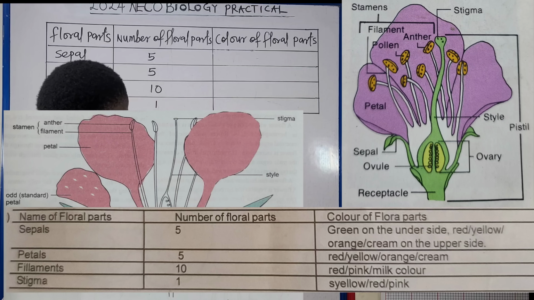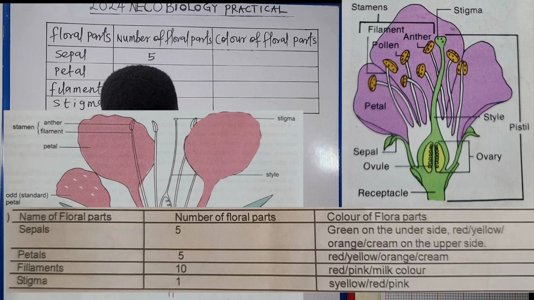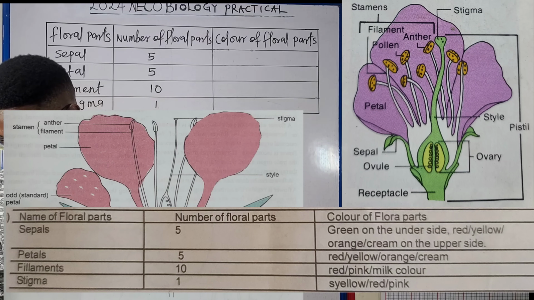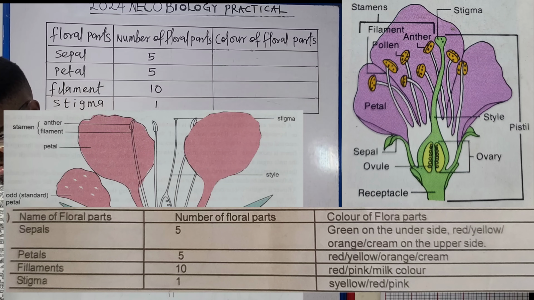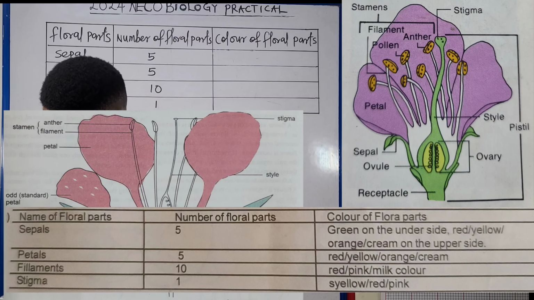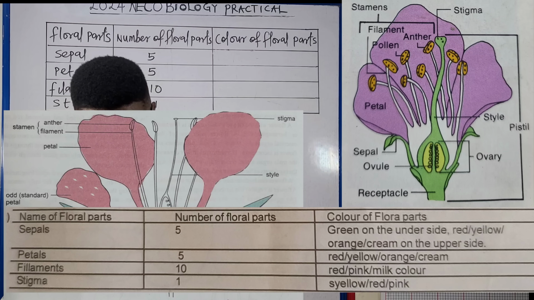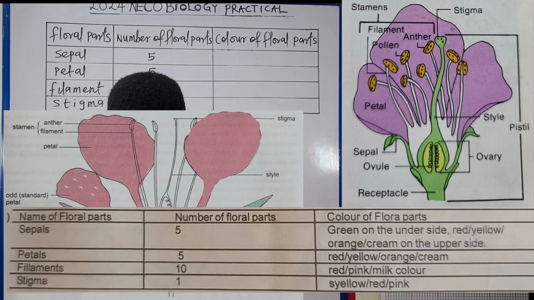Talking about the filaments, the filament is exactly what is carrying the pollen grain that's in the anther. So you have to put the color there. If it's red, put red. If it's pink, put pink. If it's milk, put milk color. And then the stigma, you put the color as well, the one at the center, just after the ovary.